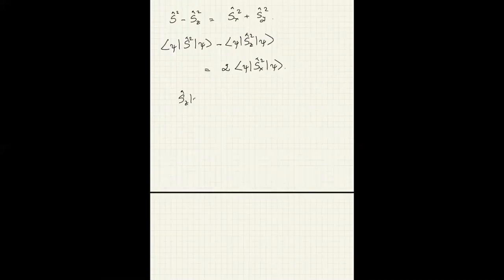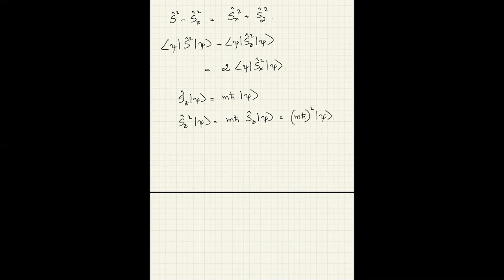Sz acting on psi is m h bar psi. So Sz^2 acting on psi would be m h bar Sz acting on psi, multiplying both sides by Sz on the left. This is (m h bar) whole squared acting on psi.